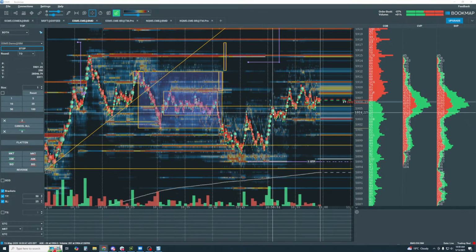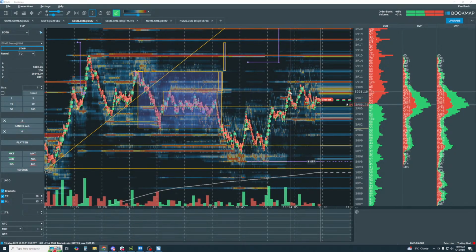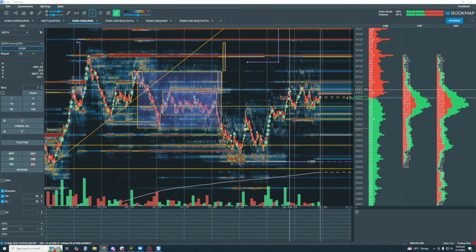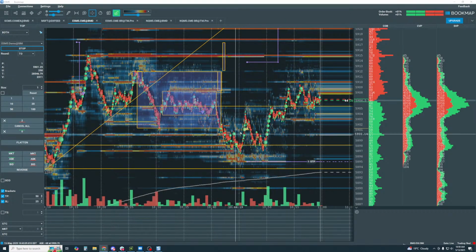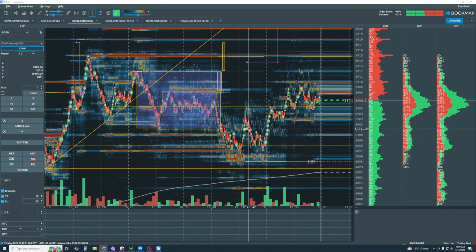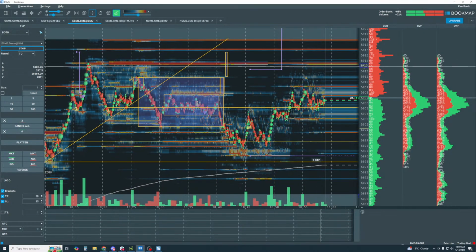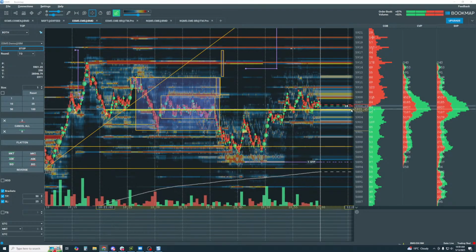And then we saw this come in, and even thought about maybe a continuation pattern in here, which played out, and you would have taken your profit up here because the measured move has unfolded. The only reason that we're still in this and not taking a measured move profit is because of the environment we're in, looking for a runner because of the bigger picture fundamentals. All right, hope that makes sense.